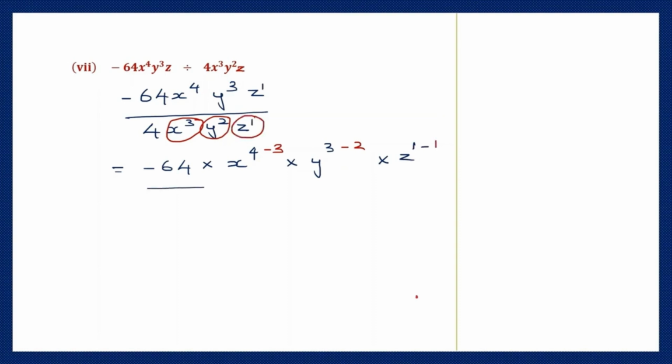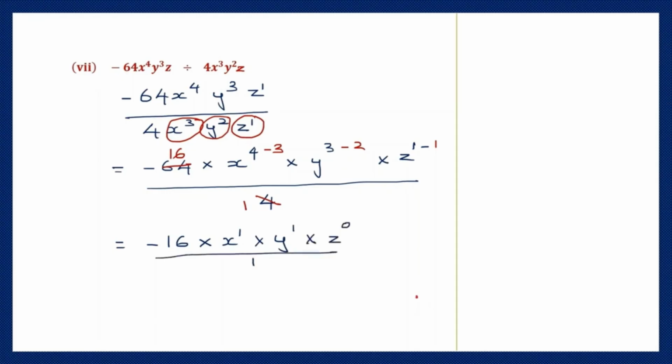So in the denominator now I only have 4 because I've removed x, y and z. Now 4 into what is 64? 4 into 16. 16 fours are 64. So 4 ones are 4 and 4 into 16. So let's write this now. Minus 16 into x to the power of 4 minus 3 is 1, into y to the power of 3 minus 2 is 1, into z to the power of 1 minus 1 is 0, and all this by 1.